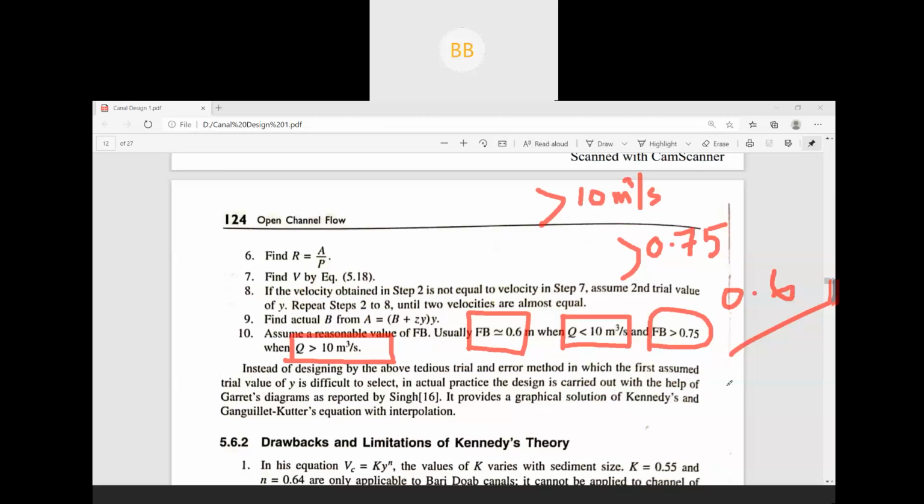If you are still not getting the same velocity, then leave it there, because in the exam you have limited time. If this type of question related to Kennedy's theory comes, go for a maximum of two trials, don't go beyond two. If it is not the same, then consider that the second trial is almost equal.